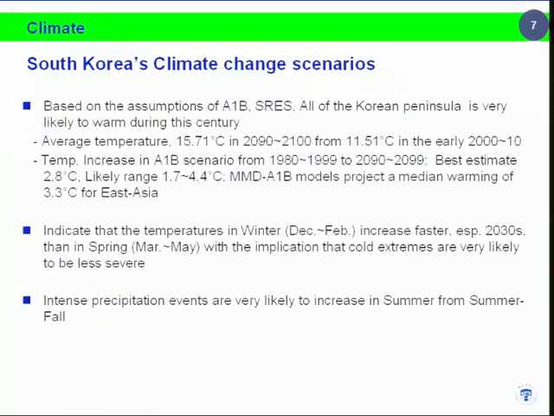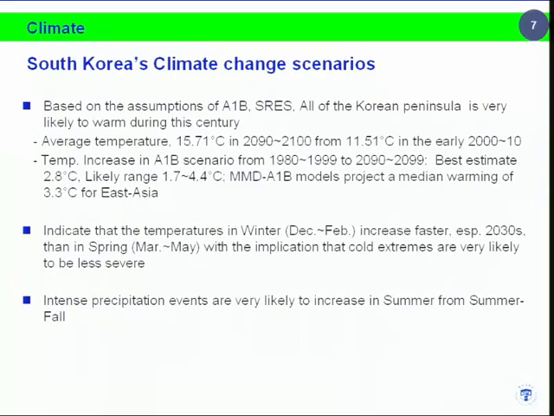So we collected a lot of data from international institutes like UNFCCC and WMO, and some from KMA, the Korea Meteorological Administration. Anyway, we tried to sort out the best possible scenario from that important information, and we decided A1B is one of the best and most appropriate scenarios for that.